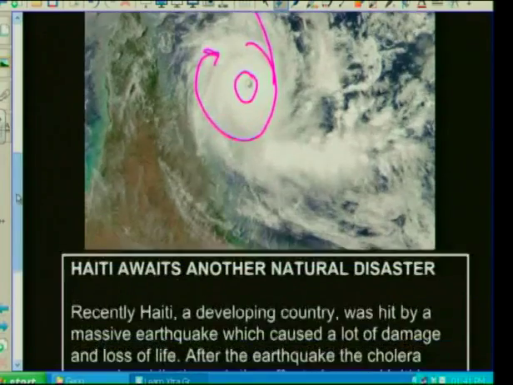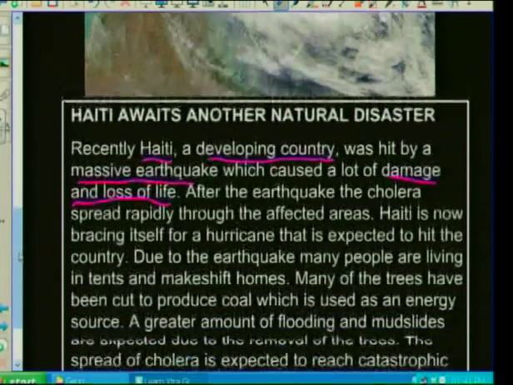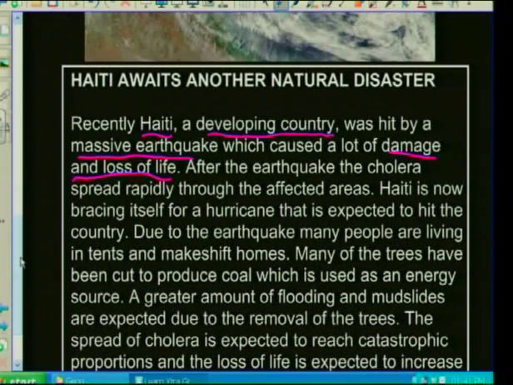Okay, let's go further. Let's look at this question, and now there's an article. Recently, Haiti, a developing country, very important point, okay, was hit by a massive earthquake which caused a lot of damage and loss of life. Okay, remember, you take a highlighter and you highlight the words as you're reading.